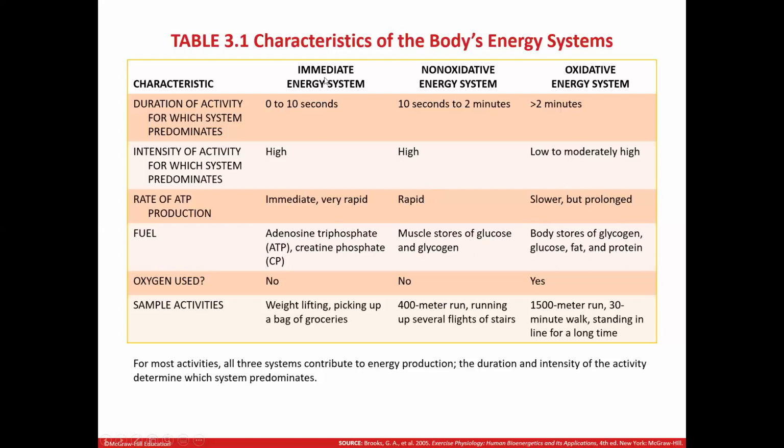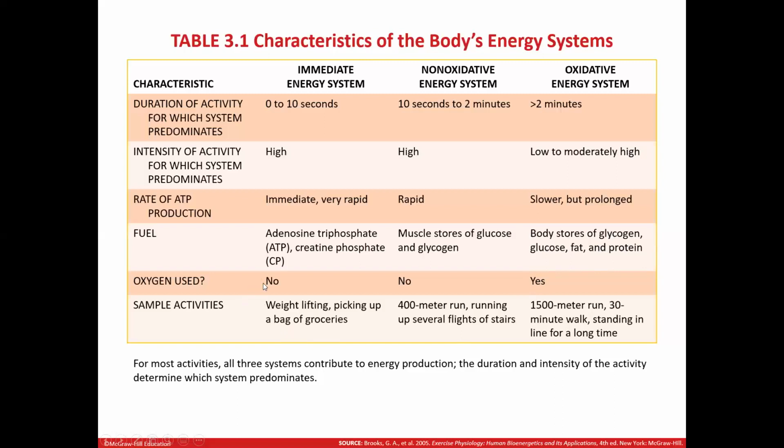So for the fuel for the immediate, you need ATP and CP, and for the anaerobic without oxygen, you need glycogen and glucose in order to get the energy. And for the oxygenated one, you need stores of glycogen, glucose, fat and protein. So you need many of those stores in order to maintain this system.